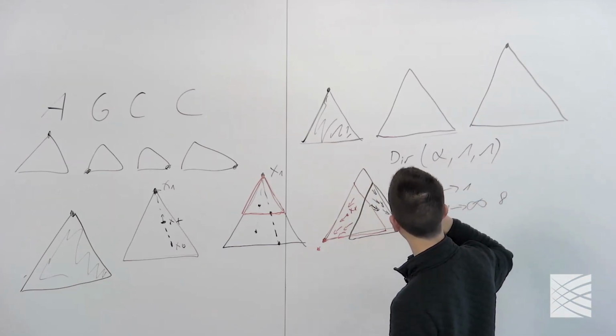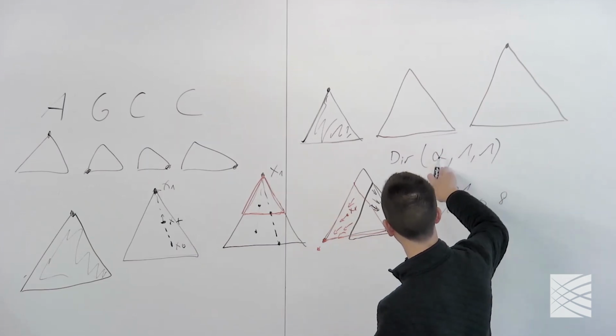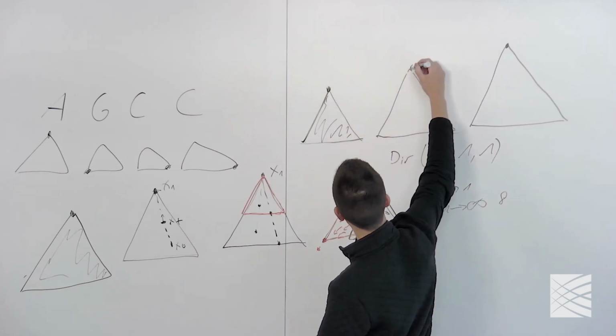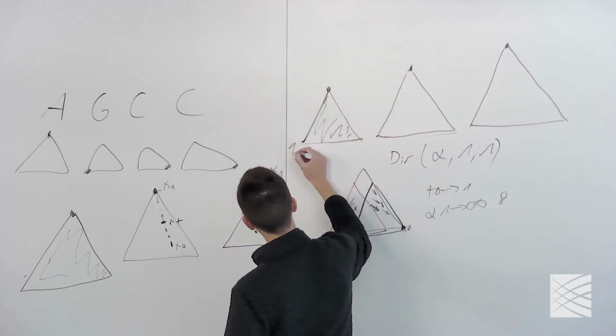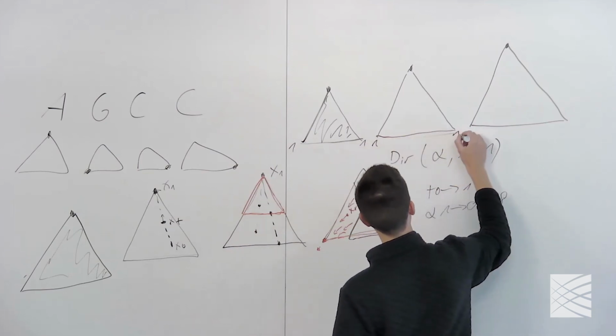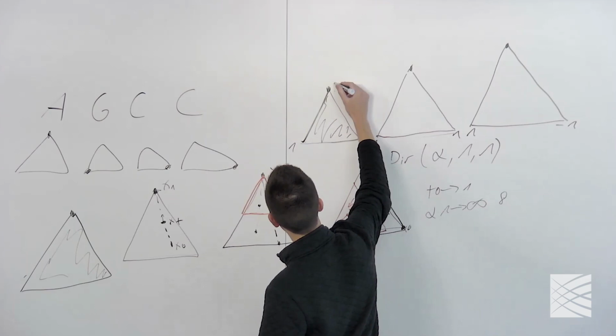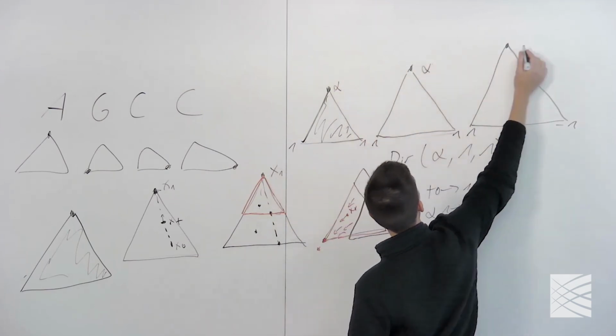And these three parameters will correspond to, if up here is our data point, the ones for these two corners, and up here will be this alpha parameter.